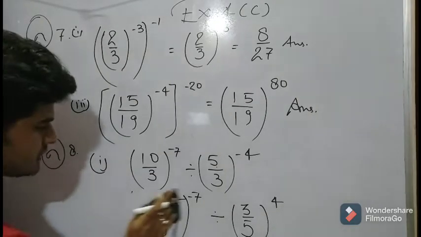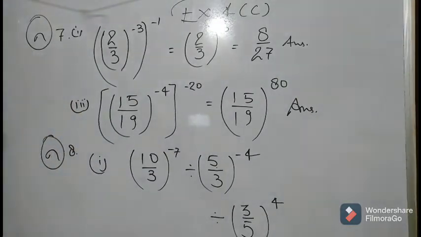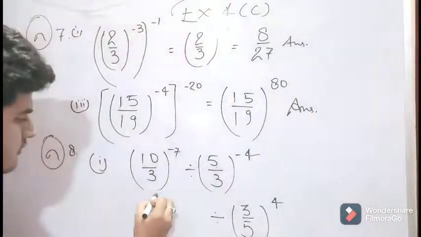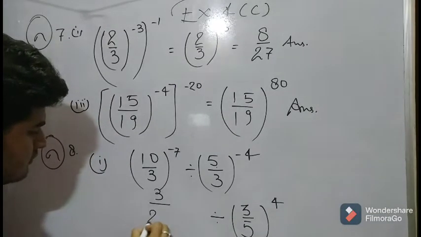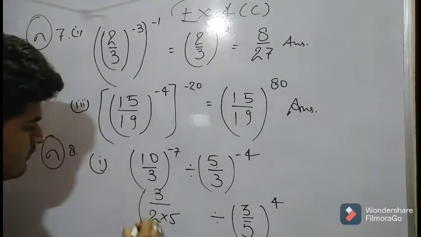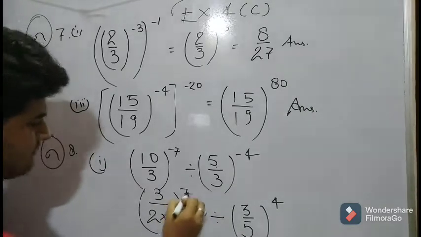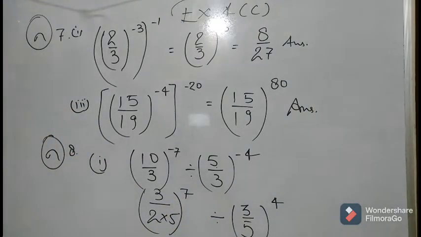Now in the same way, this can be written as (3 upon 2 into 5) raised to the power 7. Now we will expand it.